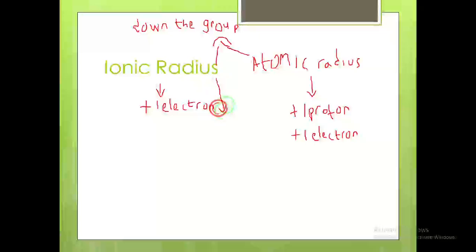But going from the beginning of a period to the end of the period, for ionic radius it increases, but for atomic radius it reduces. Why? Because since there's an addition of proton and electron in atomic radius, it increases what? The nuclear charge.